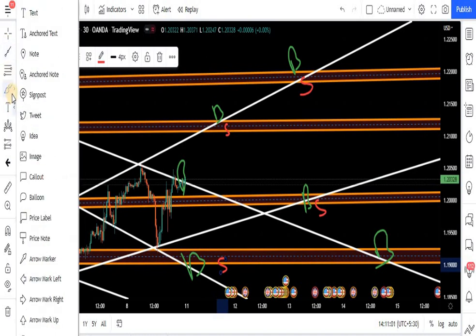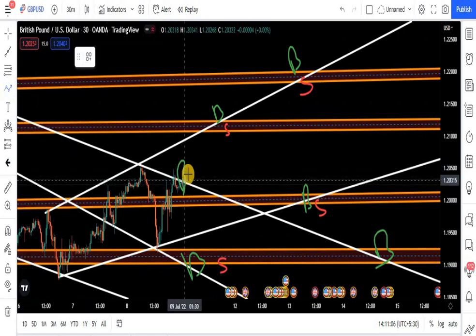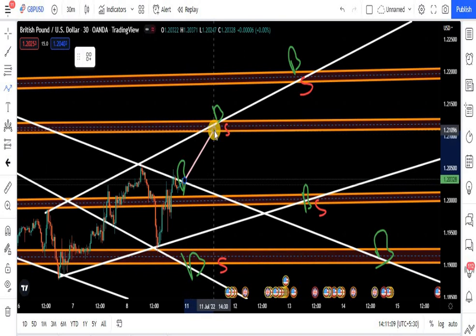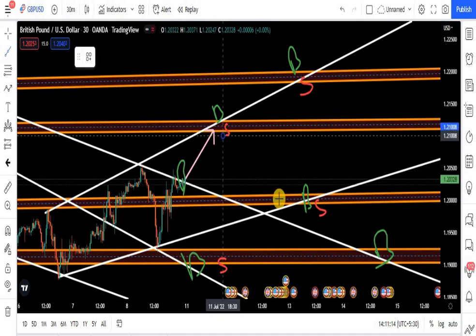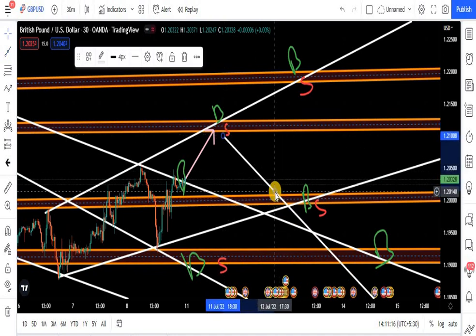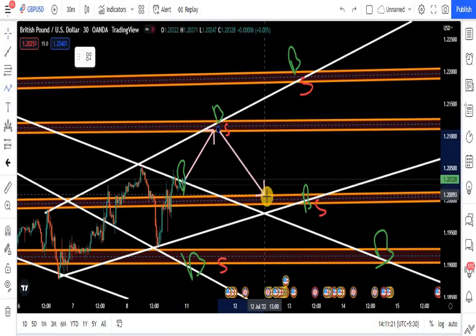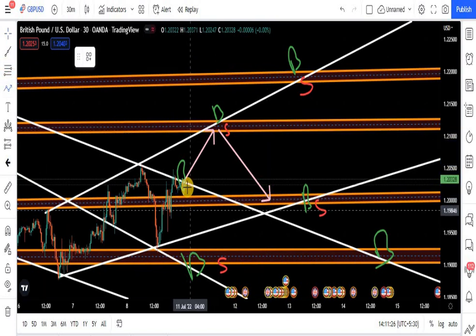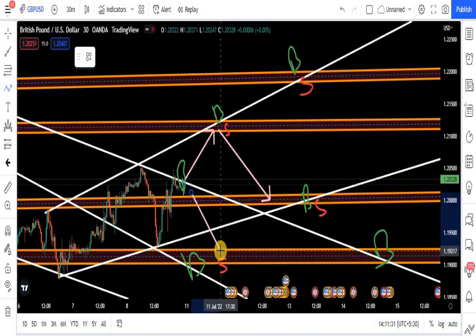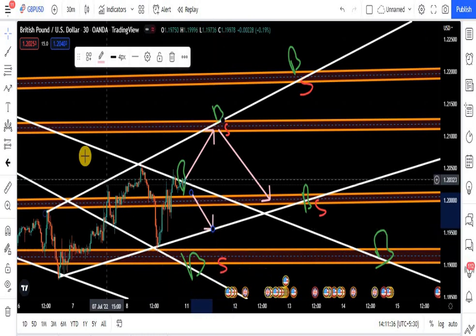What is the trend saying? The trend is saying the market is going up to 1.21900. Again, either it will break or it will come down, or if it is not able to break those levels, it will fall again to this area. Either it will take support from the trend line.